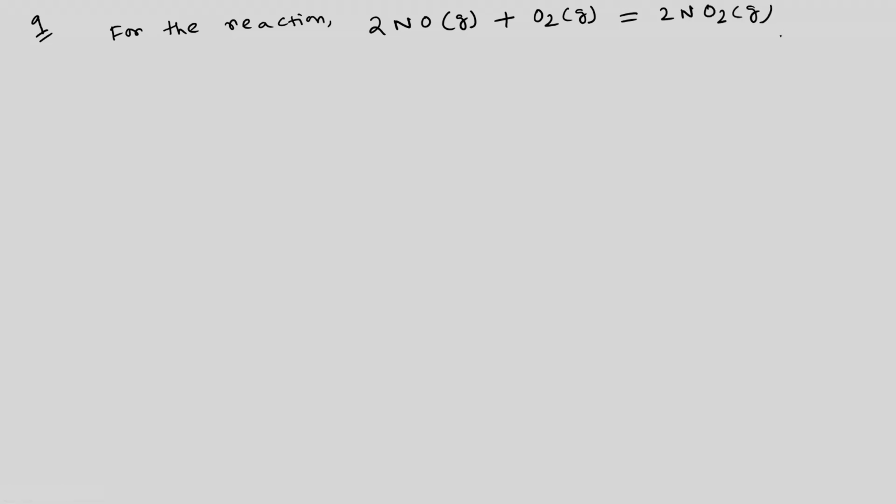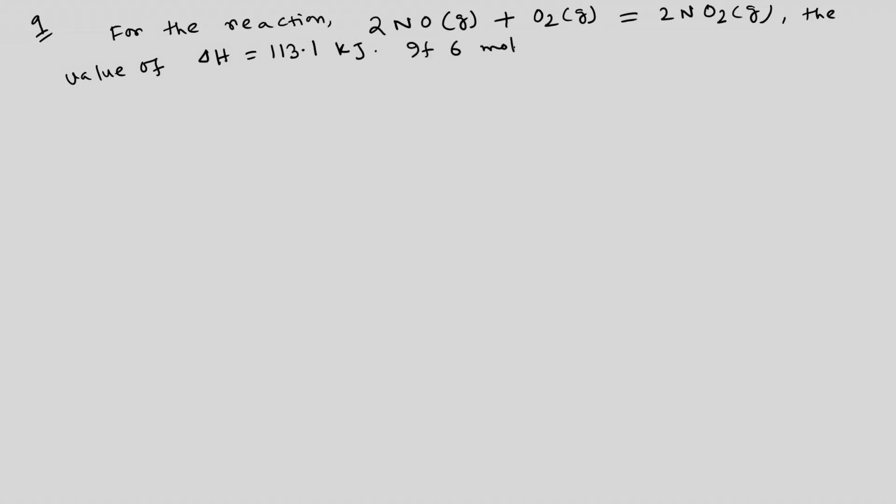Problem number 9. For the reaction 2NO gas plus O2 gas equals 2NO2 gas, the value of delta H is minus 113.1 kilojoule.